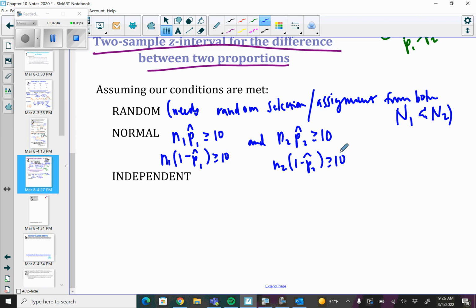And then our independent condition: our sample size has to be less than or equal to our population. And again, this needs to be true for both N1 and N2. So everything is the same, we just need to do it twice.